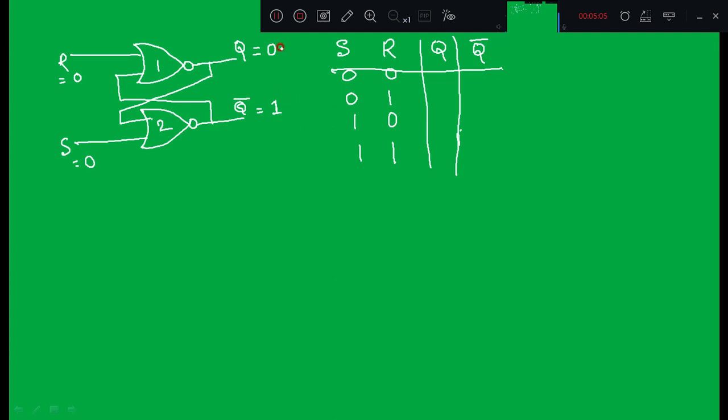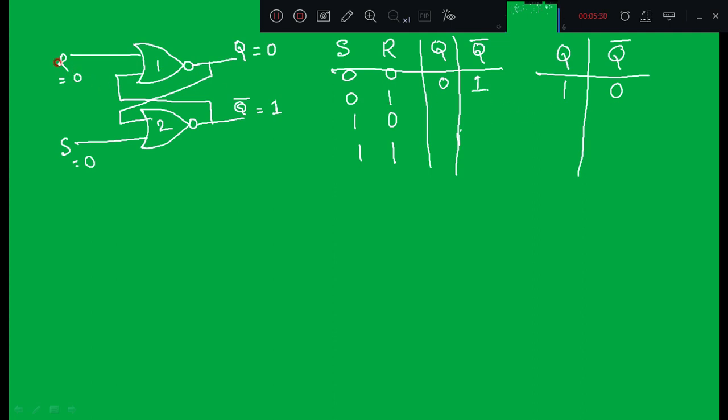You can assume the previous state as either 01 or 10. Here I am assuming Q as 0 and Q bar as 1. I will write one more column where I assume Q is equal to 1 and Q bar is equal to 0. We will see what happens in both cases.